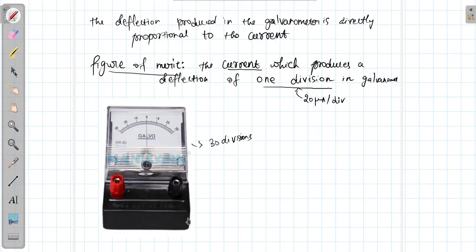Next topic is sensitivity, current sensitivity.